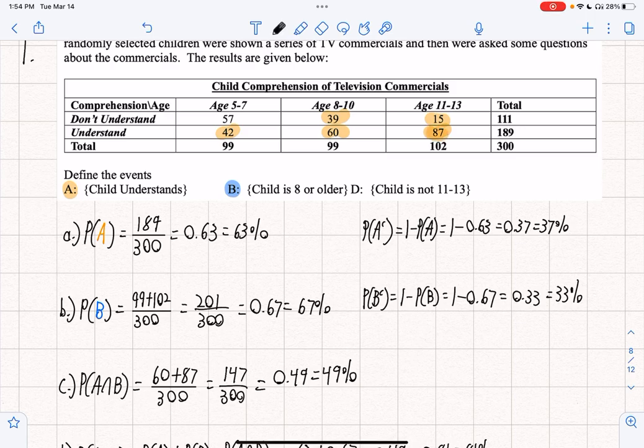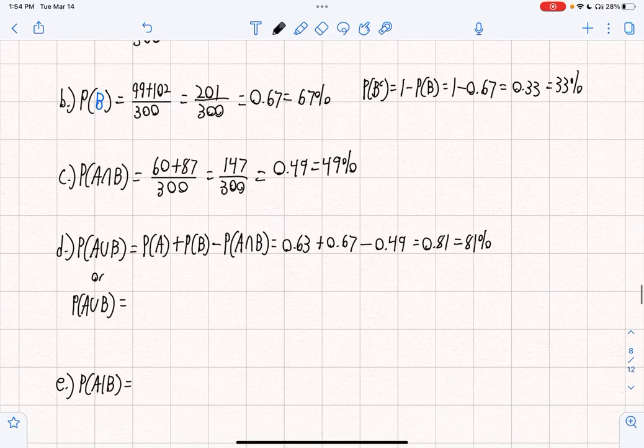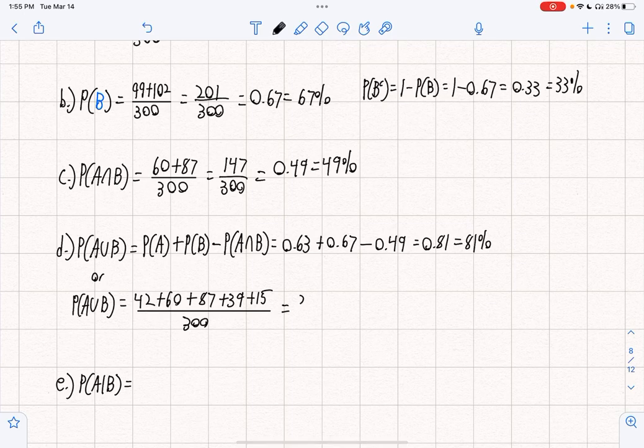So I could have just written this as 42 plus 60 plus 87 plus 39 and 15. We're still dividing by a total of 300. And this would be 243 over 300, which is still 0.81 or 81%.